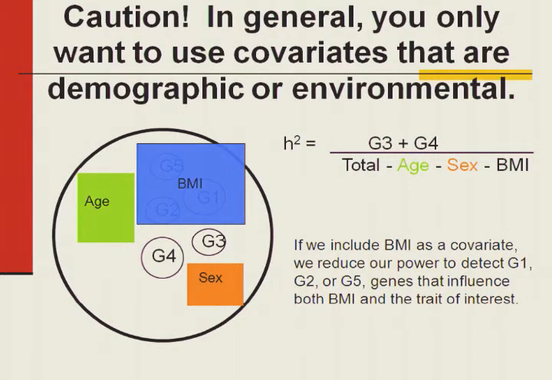They're coming out of here because of BMI, and they're also coming out of here. But I can also then look at my genetic signal as a function of the original total variance rather than the residual variance after having corrected for my covariates. Typically the numbers I show you will be like this, but numbers other people show you may be of the original total phenotypic variance rather than the residual phenotypic variance.